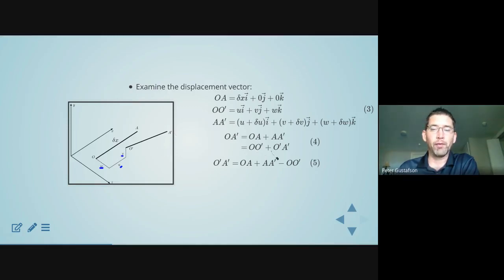Those are two equivalent expressions. The one I'm trying to get at here is O prime A prime. So I isolate that. O prime A prime is now going to be equal to OA plus AA prime minus OO prime.